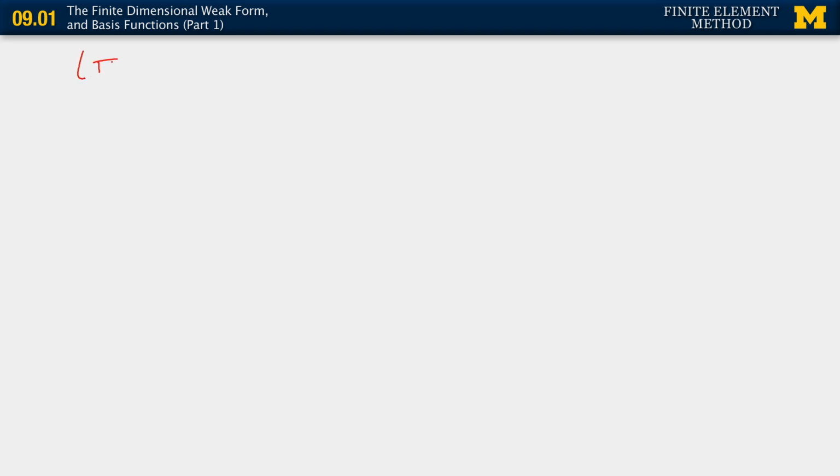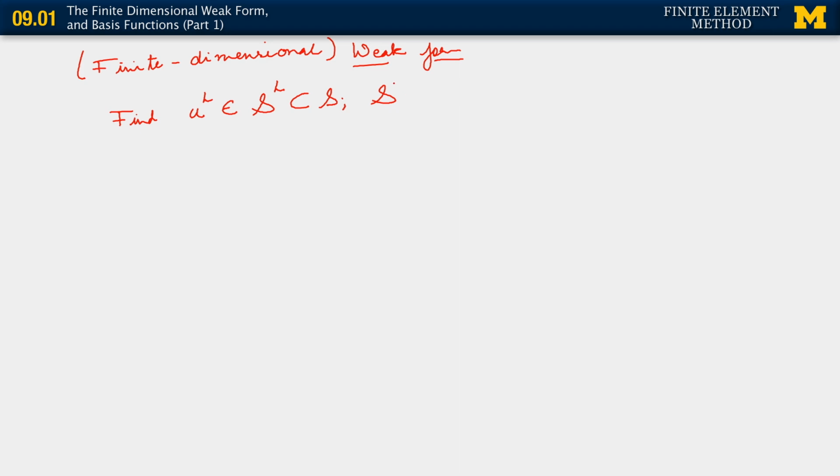So that is: find u^h belonging to S^h, a subset of S, where S^h consists of functions u^h belonging to H1 over the 2-dimensional domain omega and satisfying the Dirichlet boundary condition.